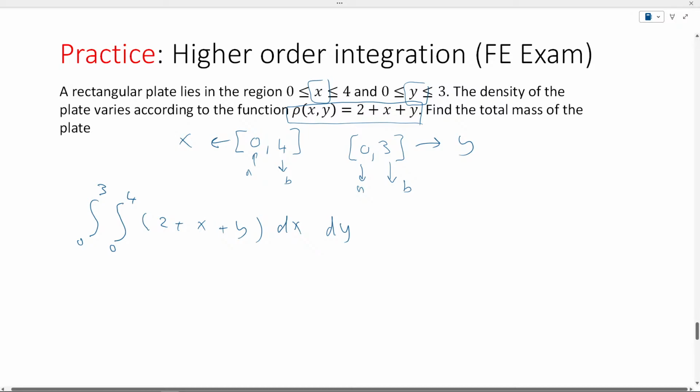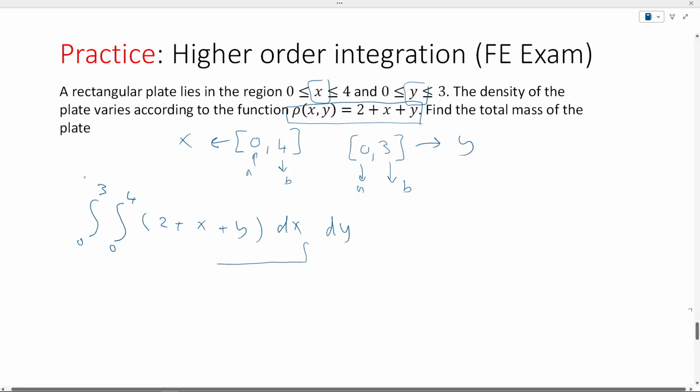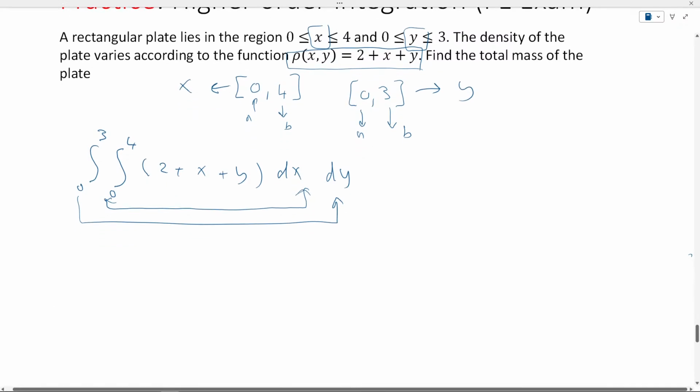So I will start by solving the inner integral, and then I will solve the outer integral. Okay, if that makes sense.